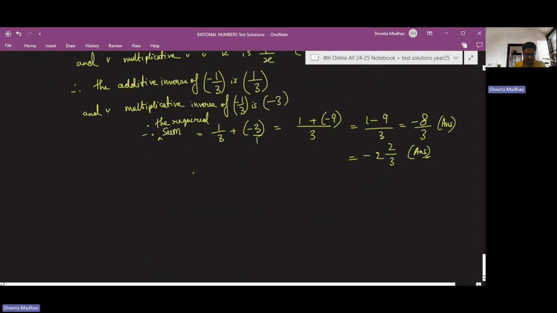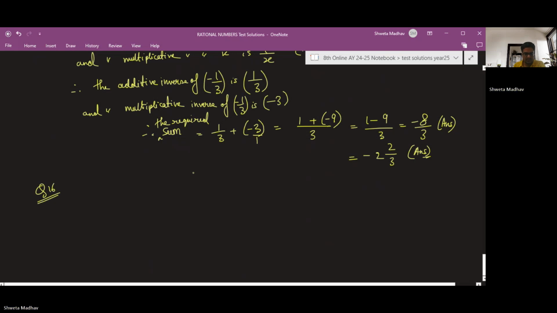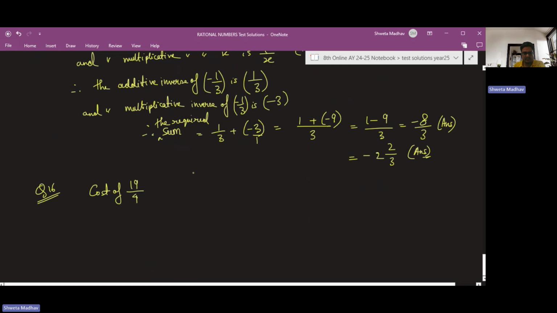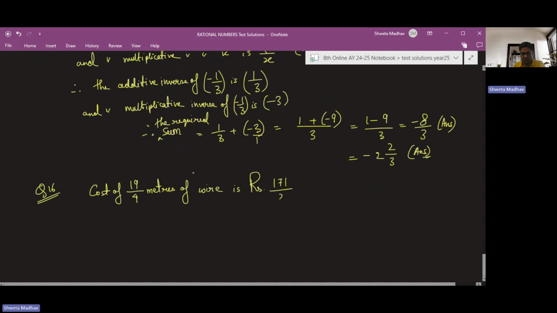Then in question number 16, it has been told that the cost of 19 by 4 meters of wire is rupees 171 by 2.